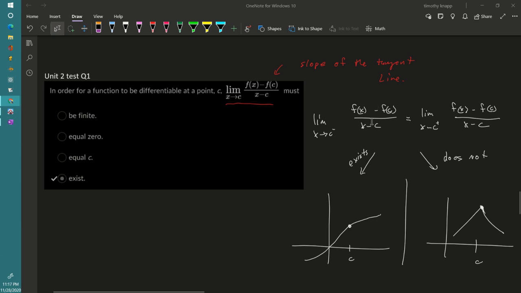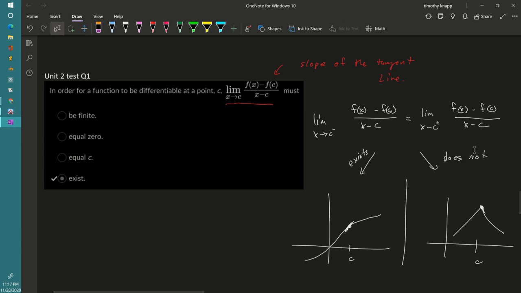You would build a bunch of secant lines. Imagine choosing some x value over here, building a secant line, then choosing one a little bit closer and building another, until you get almost infinitely close to C from the left.